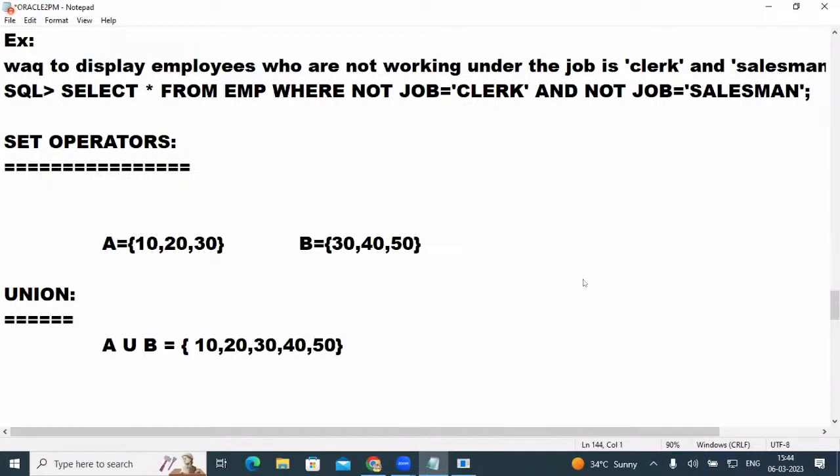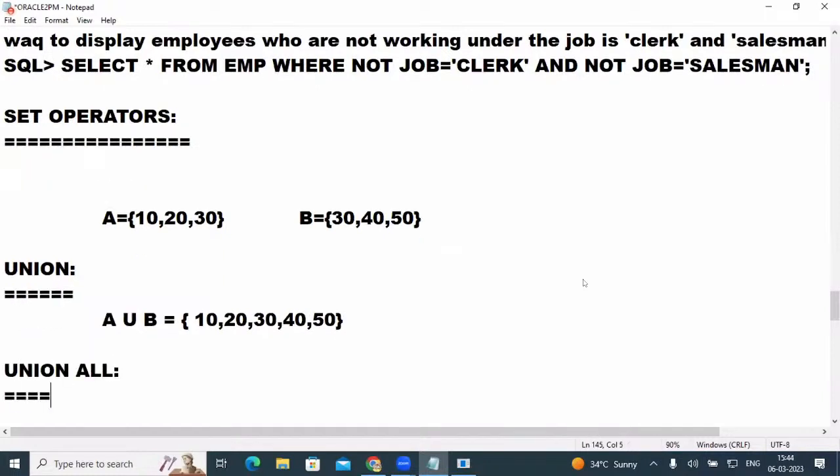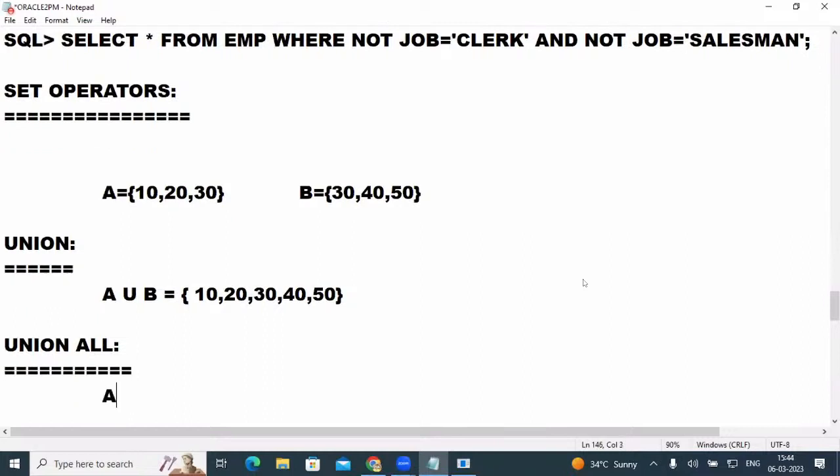Next. What about union all? A union all B. 10, 20, 30, again one more 30, 40, 50.